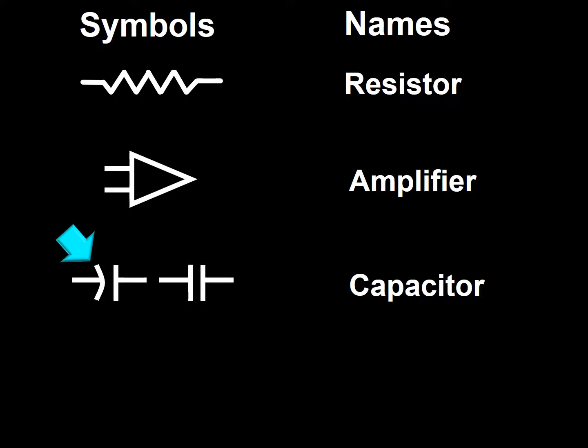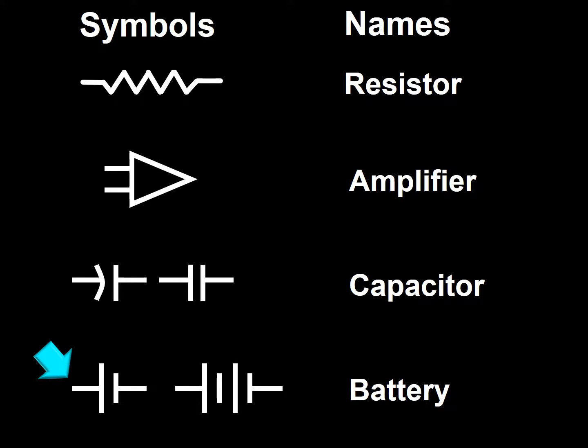Third, a capacitor. Notice that one way of representing a capacitor is by two parallel lines with one of them being curved, and the other way is to represent a capacitor by two straight lines of equal length.